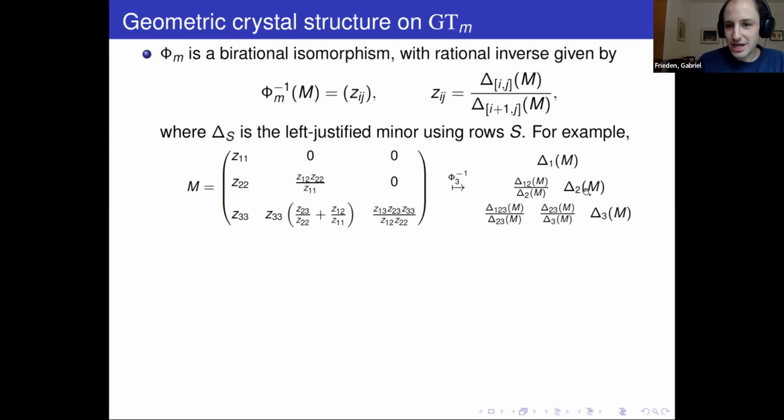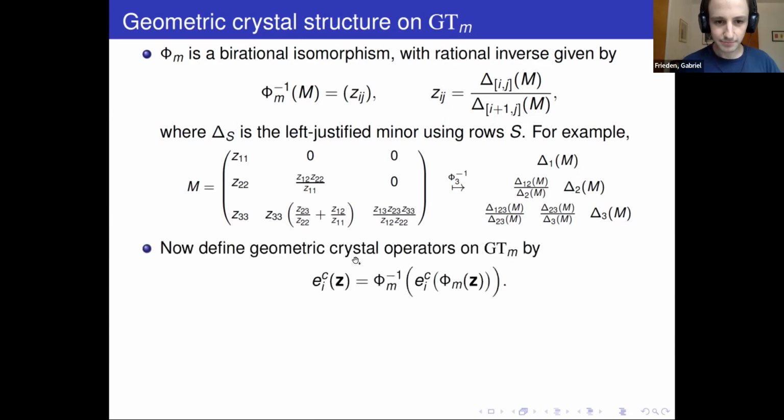For instance, you could check here: delta 2,3 is this 2 by 2 minor. If you take that 2 by 2 minor and divide by this 1 by 1 minor, you should get Z23, which is the entry there. It's birational because sometimes these minors are undefined: this is undefined if the denominators vanish, but it's defined for most matrices.